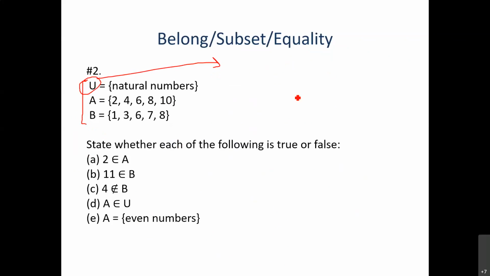Kind of like when we were working with predicates, we had a domain, like x belongs to the domain of students or whatever. This is similar, you need some big set to know where these smaller sets come from. So U is the natural numbers, U for universal set. So 0, 1, 2, 3, and so on.